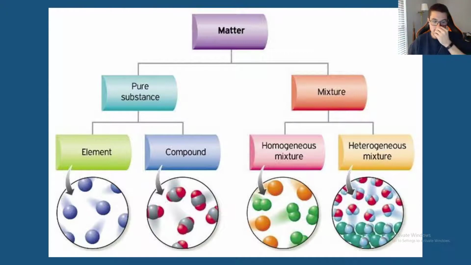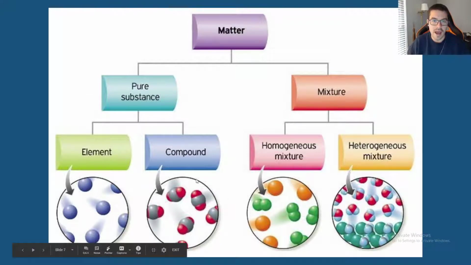So a pure substance is either one of those elements on the periodic table, like gold or silver or carbon, or it could also be a compound. Some examples are water, salt, which is technically sodium chloride, and many, many other things.